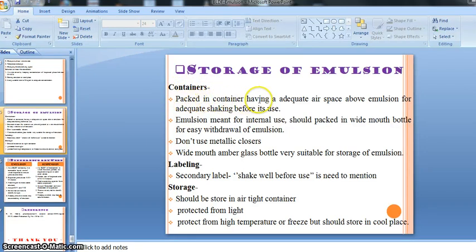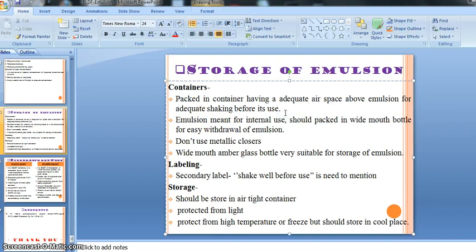Emulsion is packed in a container having adequate air space above the emulsion for adequate shaking before its use, right? This air space should be useful for the shaking of our emulsion. We know that shaking is necessary for a biphasic liquid dosage form.